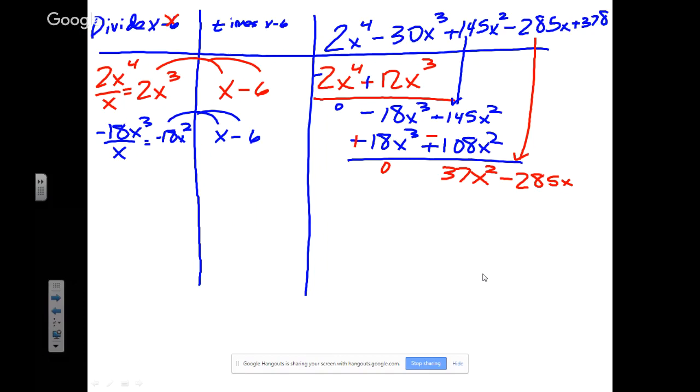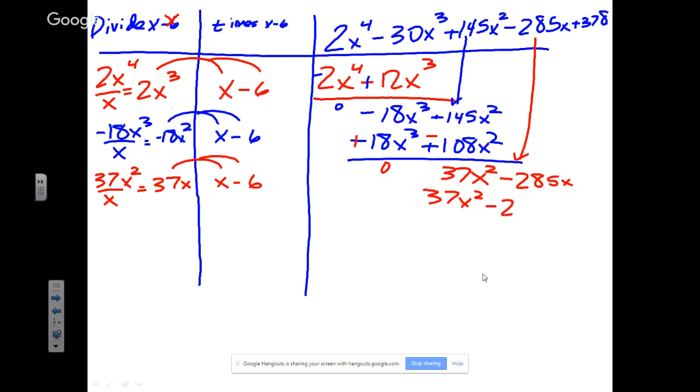We ready? Okay. So then we go again. 37x squared over x equals 37x. Get 37x squared. 42, 18, 2, 42, 222.